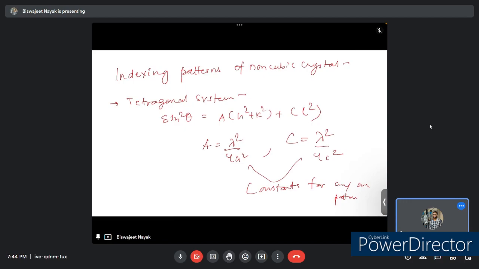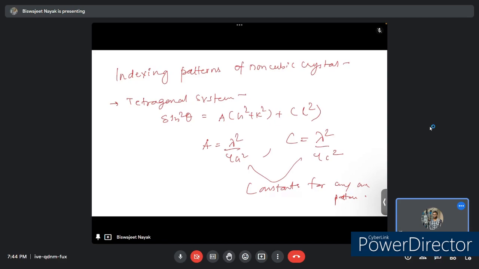So for indexing patterns of non-cubic crystals, the first example we consider is the tetragonal system.